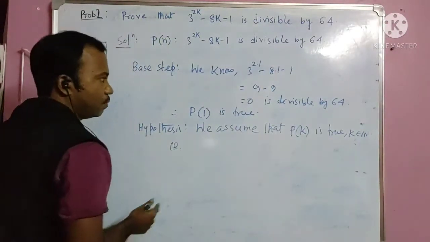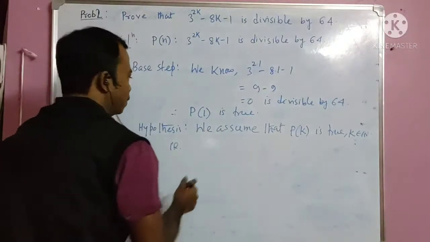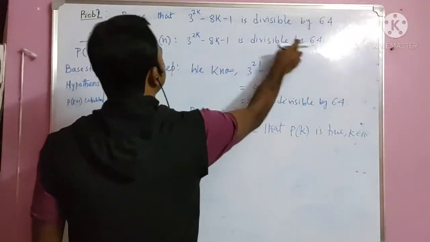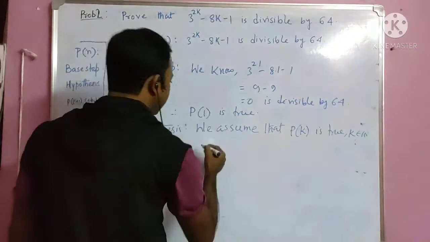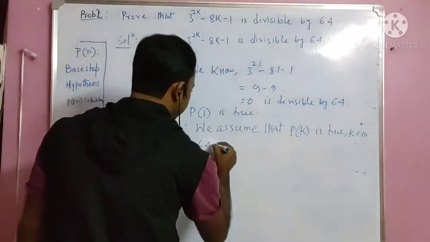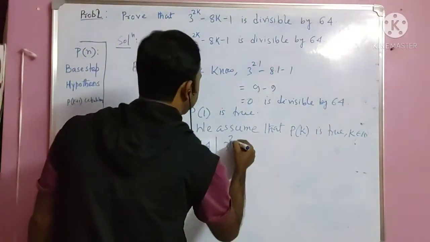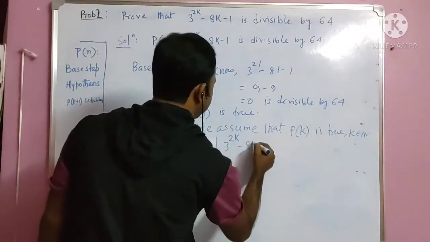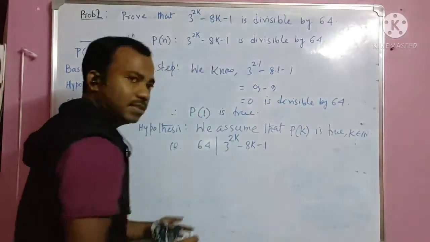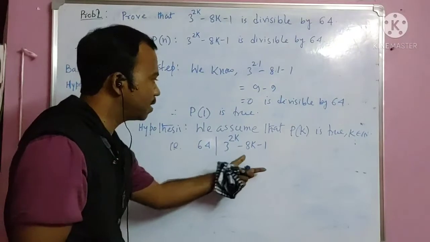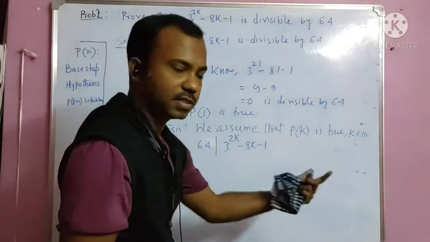What does this mean? Pk is true means 64 divides 3 to the power 2k minus 8k minus 1. This is the same as saying 3 to the power 2k minus 8k minus 1 is divisible by 64.